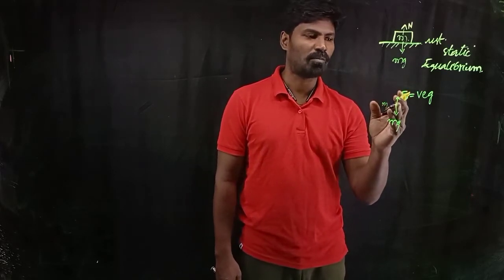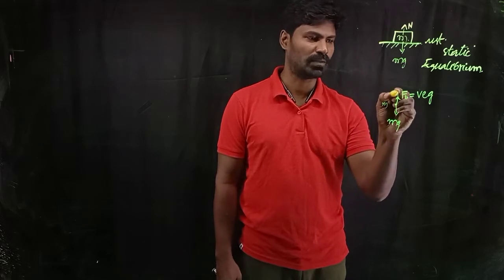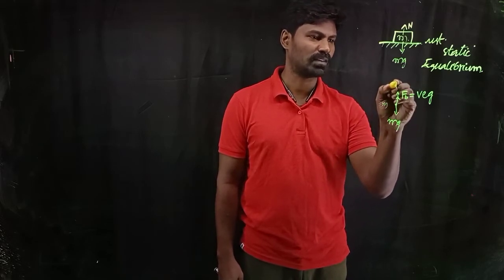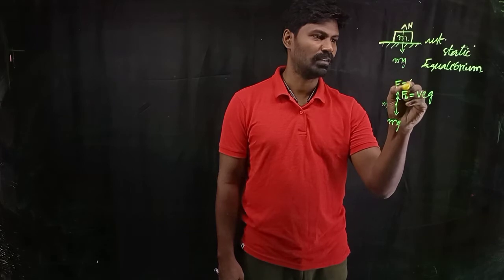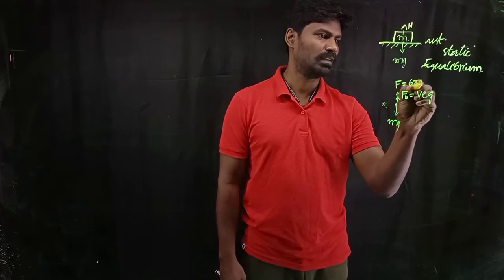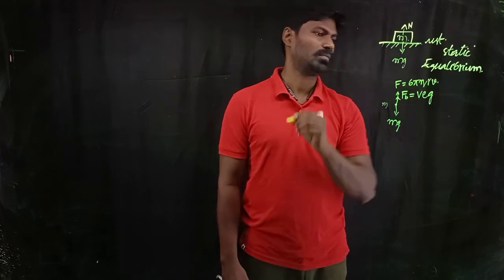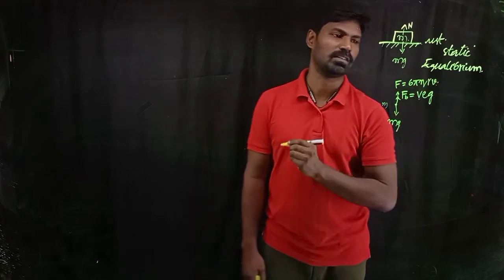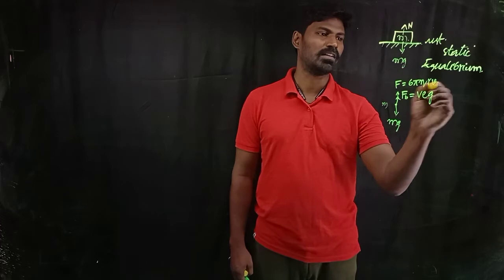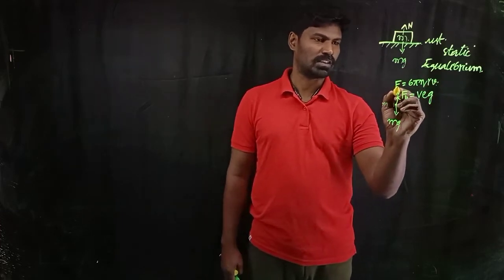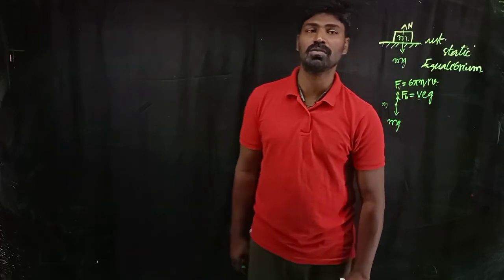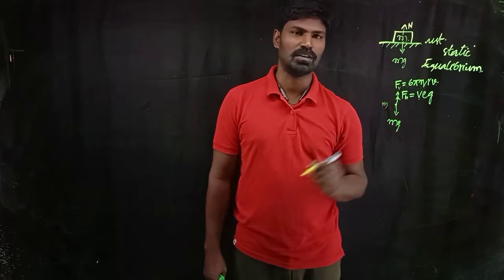As the velocity of the body increases, the force called viscous drag comes into the picture, which is given by 6 pi eta r v. This v is velocity, not volume. So this is viscous drag, the resistance due to fluid friction.